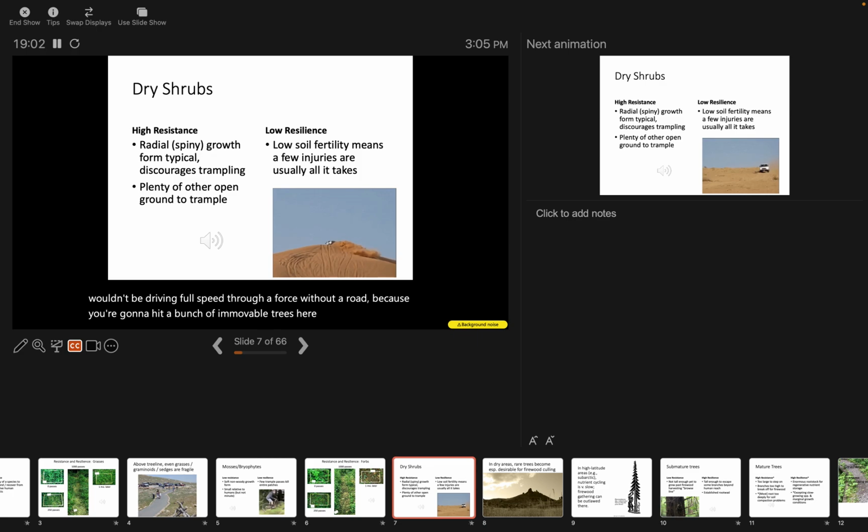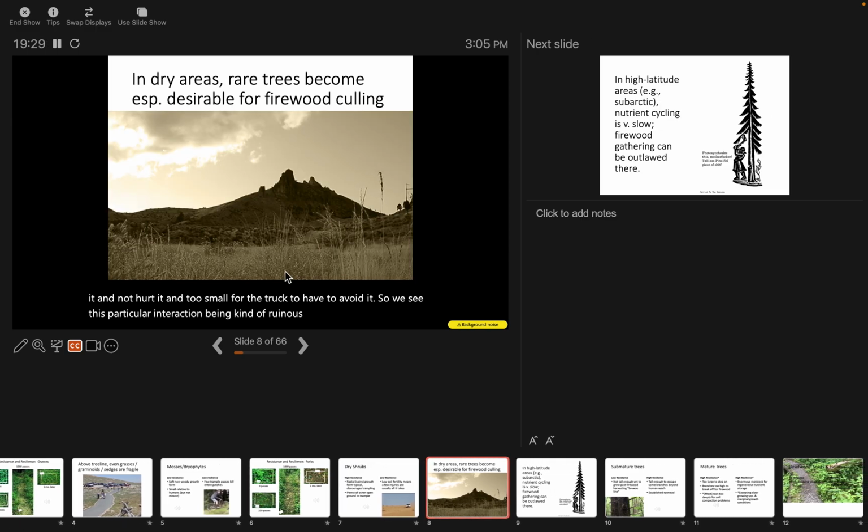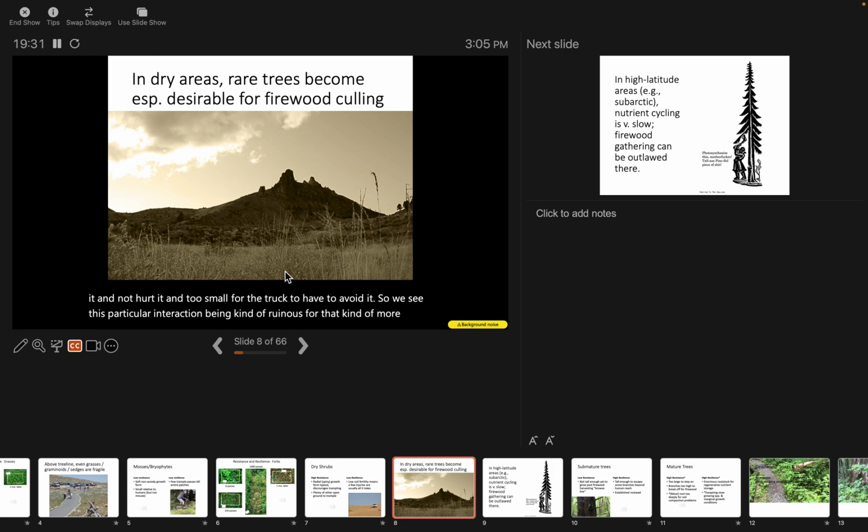Here, those sagebrush, those manzanita, there's all sorts of desert or chaparral, California coast style vegetation that'll grow out there. And they're just in that sweet spot of too big for the tires to roll right over it and not hurt it, and too small for the truck to have to avoid it. So we see this particular interaction being kind of ruinous for those more deserty, even woodland type environments, where it's open canopy for the most part.